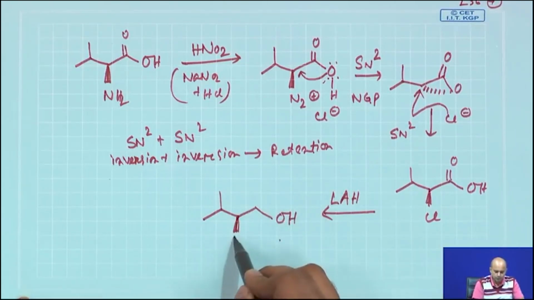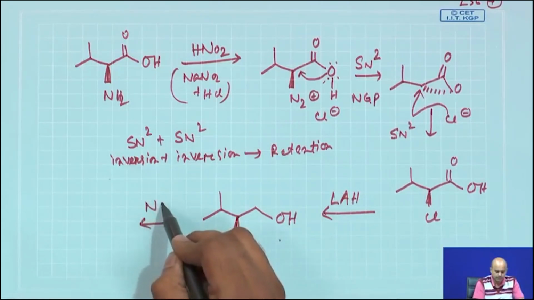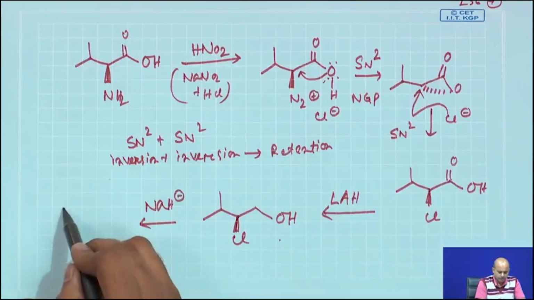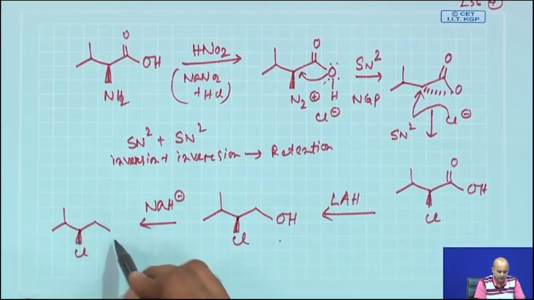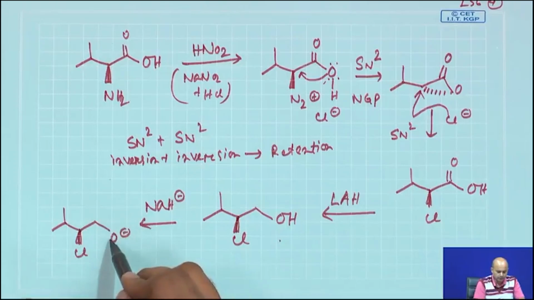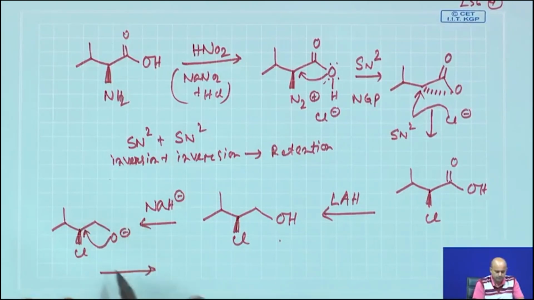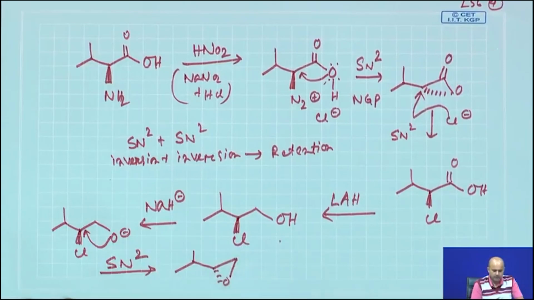Now, we are almost close to the synthesis. This primary alcohol you just treat with a base, sodium hydride, which will give you the alkoxide, and this alkoxide reacts in an intramolecular fashion by backside attack, an SN2, which gives you the epoxide as it is.